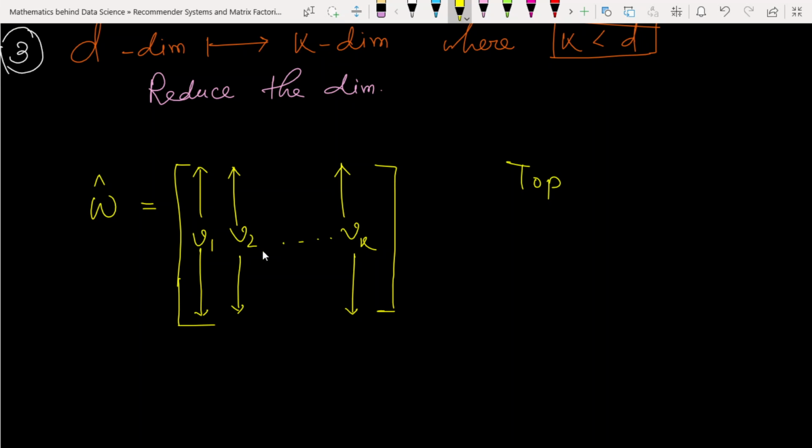These eigenvectors are responsible for the top k eigenvalues. These are the eigenvectors.